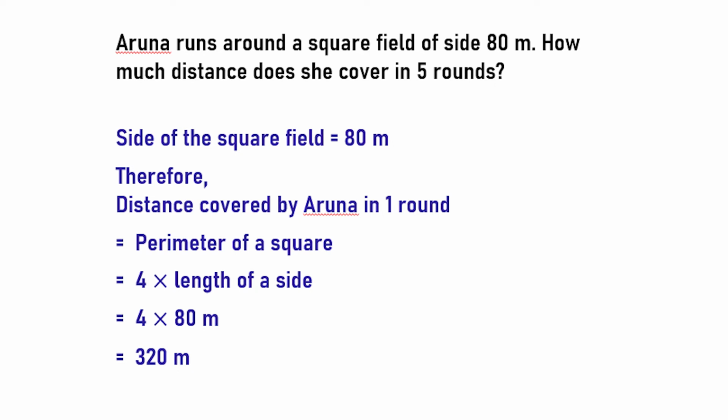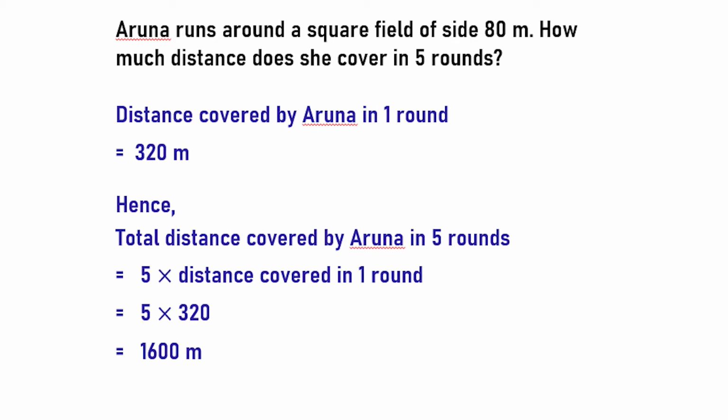Therefore, the distance covered by Aruna in 1 round will be equal to perimeter of a square, which is equal to 4 multiplied by length of a side. Substituting the values of side, we get 4 multiplied by 80 meters, which is equal to 320 meters.